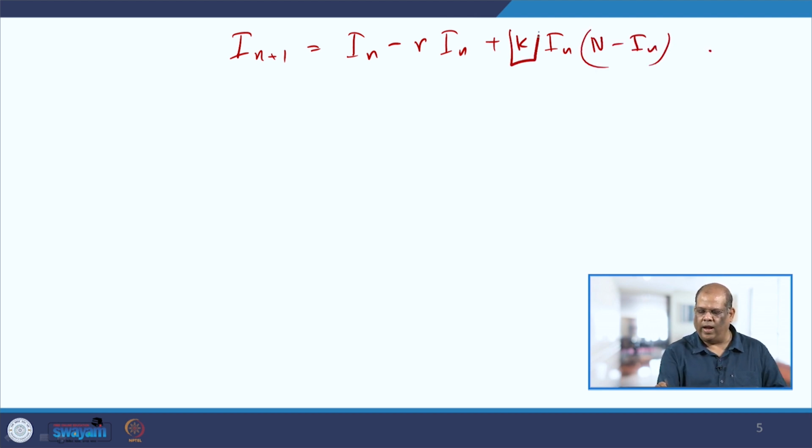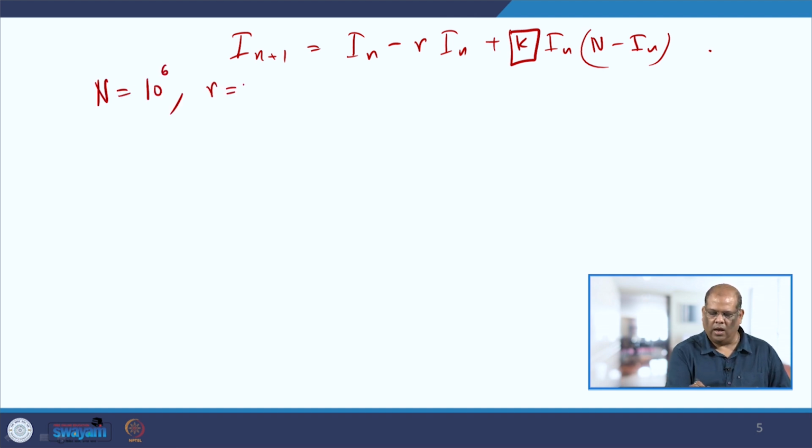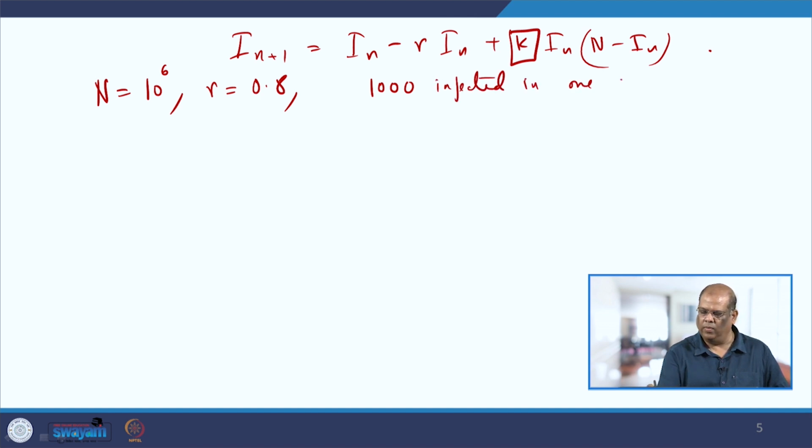I need to find this value of k, and for this some initial conditions are needed. So, let us take n equal to 10 to the power 6, r equal to 0.8, and say 1000 infected in 1 week and 1500 infected in the next week.